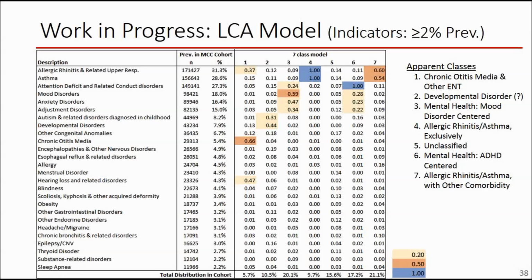Class 4 is allergic rhinitis and asthma exclusively, which, if you'll recall, was the highest contribution to the kids who had 2 conditions only, so that's a pretty clear group in and of themselves. Group 5 is unclassified, a series of conditions, none of which put them in one category or the other more clearly. Group 6 is another mental health cluster that's ADHD centered. And then group 7 is another allergic rhinitis asthma cluster, but now with other comorbidity mixed in as well.